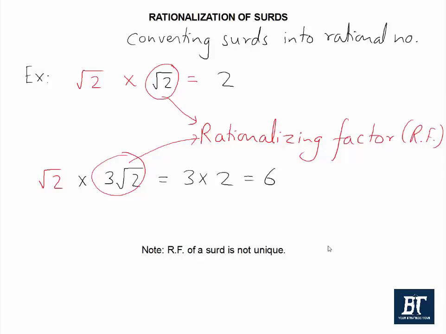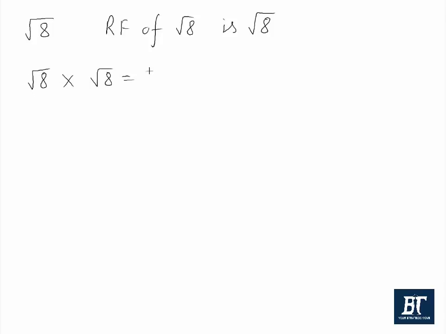So let's see more examples. Let's say we want to find the rationalizing factor of root 8. One answer will be that rationalizing factor of root 8 is root 8 itself, because if you multiply root 8 by root 8 you get 8. So this is the rationalizing factor. The answer is not wrong, but what we should try and do is first simplify the original surd.